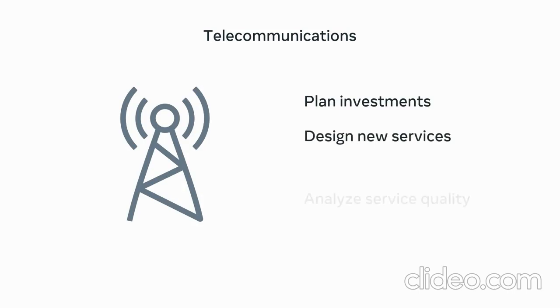And the telecommunications sector utilizes big data analytics and network usage analytics to plan for infrastructure investments, design new services that meet customer demands, analyze service quality data to predict customer satisfaction, and plan for customer retention mechanisms.